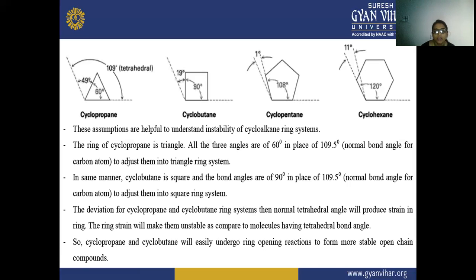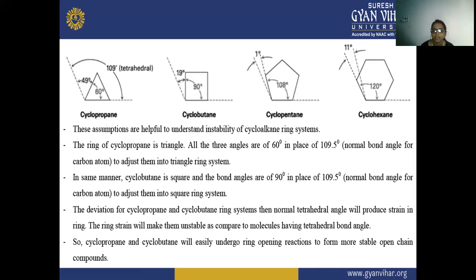In the case of cyclopropane, the ring is a triangle. In a triangle, all the angles are 60 degrees, in place of the 109.5-degree angle, so the bonds have to adjust into a triangle ring system.